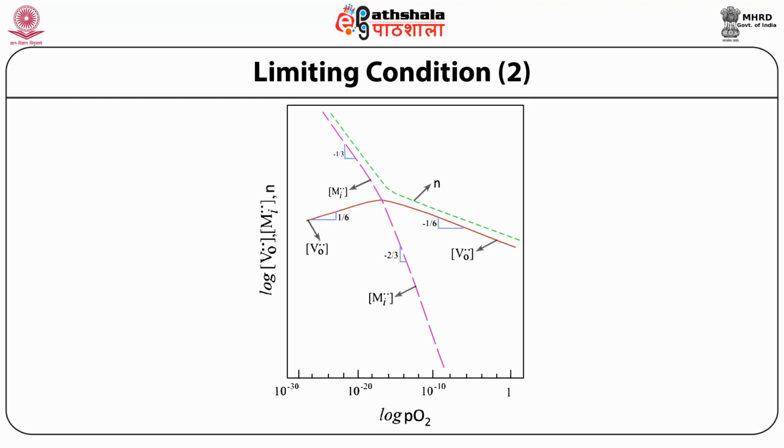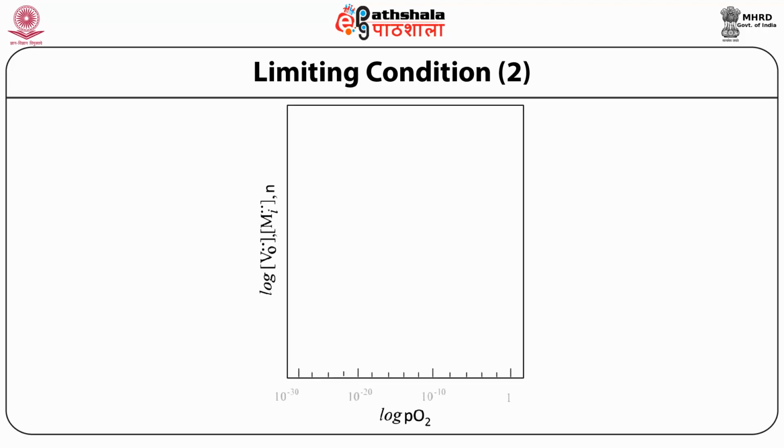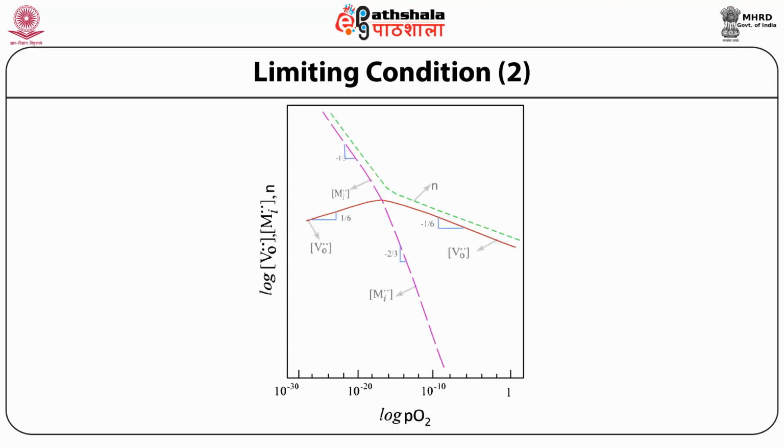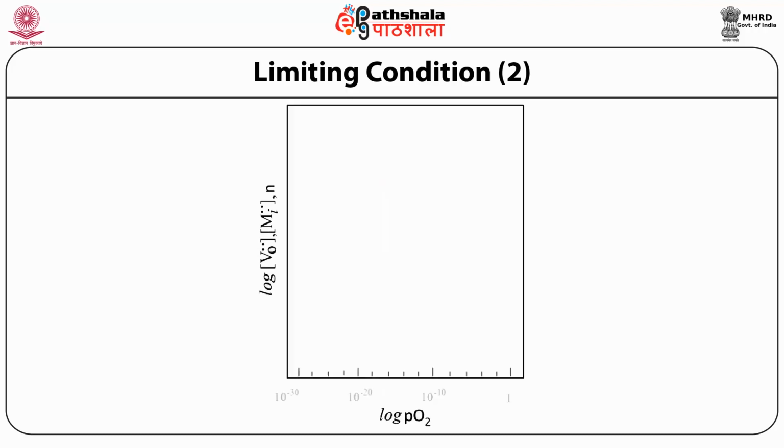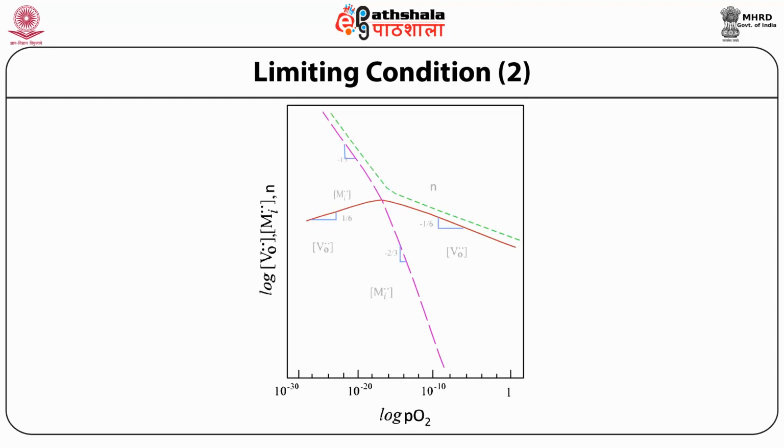Again, the concentration of defects is proportional to PO2 to the power 1 by 6. One can do a similar exercise for the cases when oxygen interstitial is the main defect and also when there is a mixed presence of metal vacancies and oxygen interstitials. This is left to you, the students, to perform yourselves.